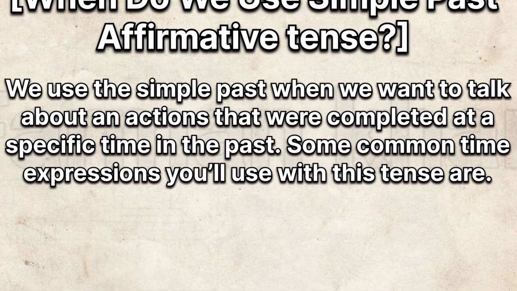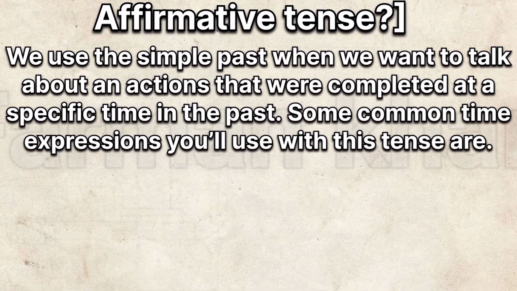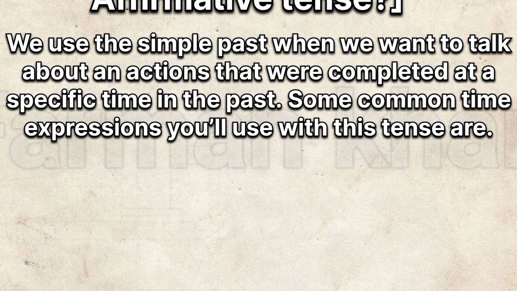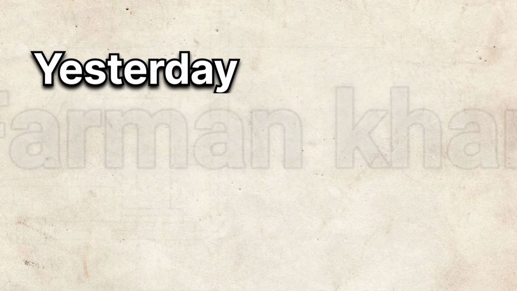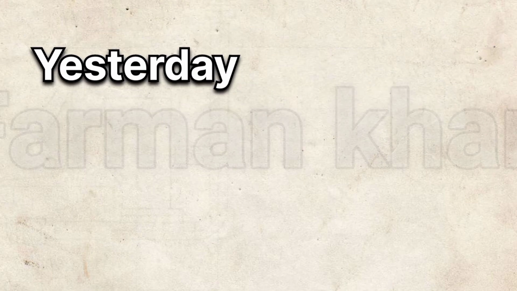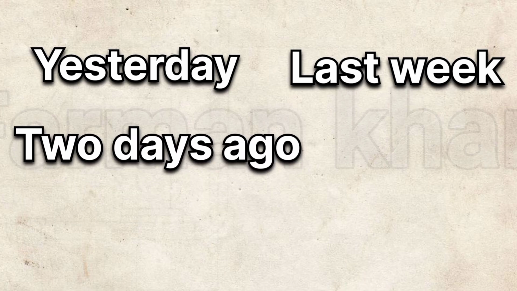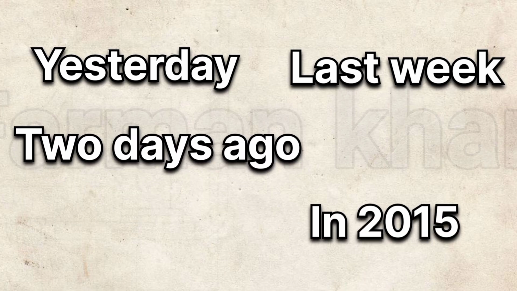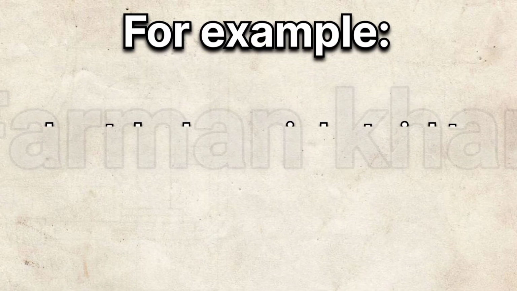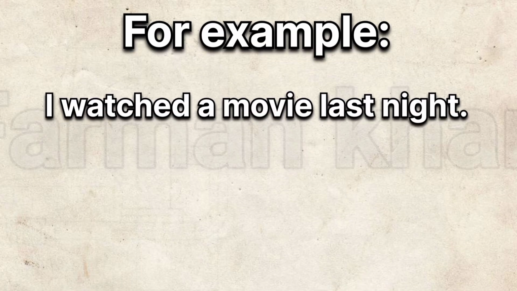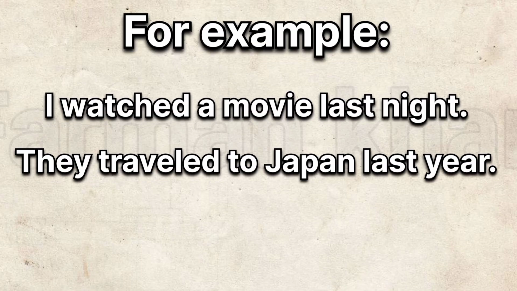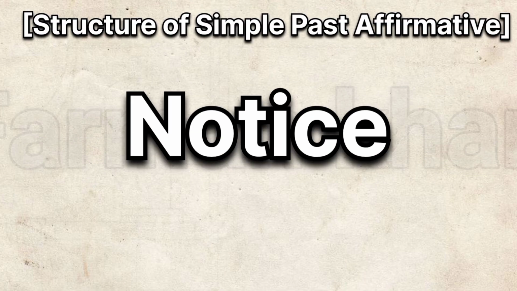Some common time expressions you will use with this tense are yesterday, last week, 2 days ago, in 2015. For example, I watched a movie last night. They traveled to Japan last year. Both sentences indicate actions that are already finished in the past.